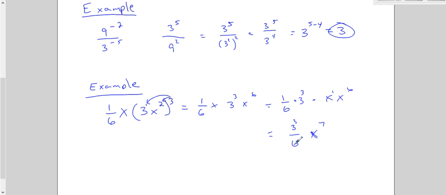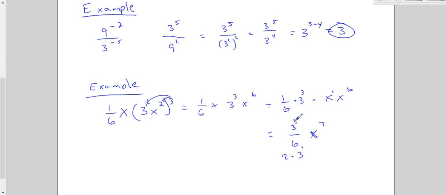Now 6 is 3 times 2, but we cannot write that as 3 to some exponent. That doesn't work. So there's nothing really I could do here at the moment unless I write 2 times 3, and then I can cancel out one of the 3's up here because I have 3 to the first power.